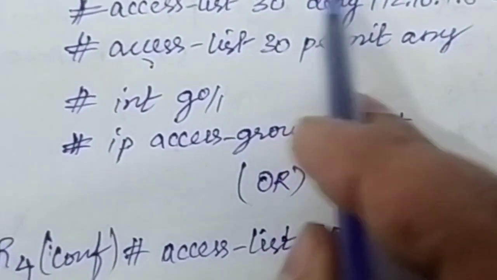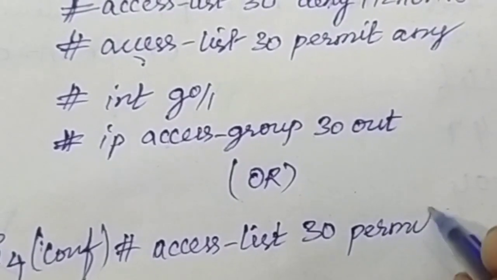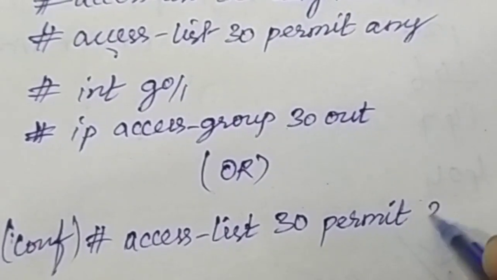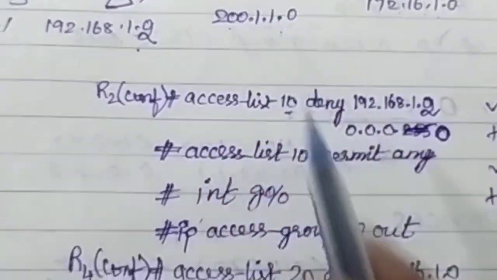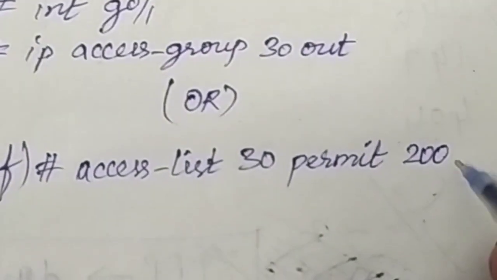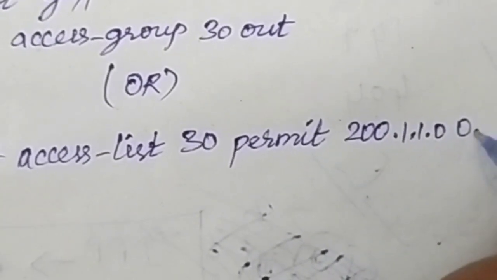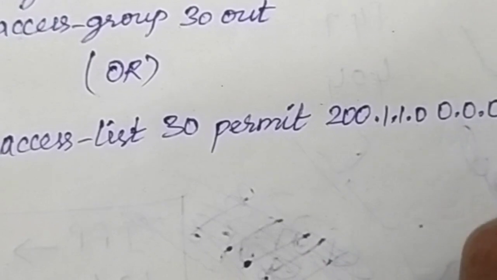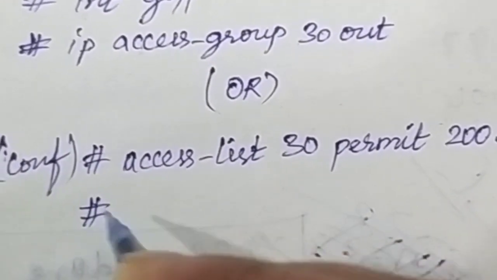See here you gave deny, right? Now you give permit. Which network are you going to permit? The second one. What is that? This one, 200.1.1.0, right? So give 200.1.1.0, then wildcard mask is 0.0.0.255. That's all. This one line is enough.